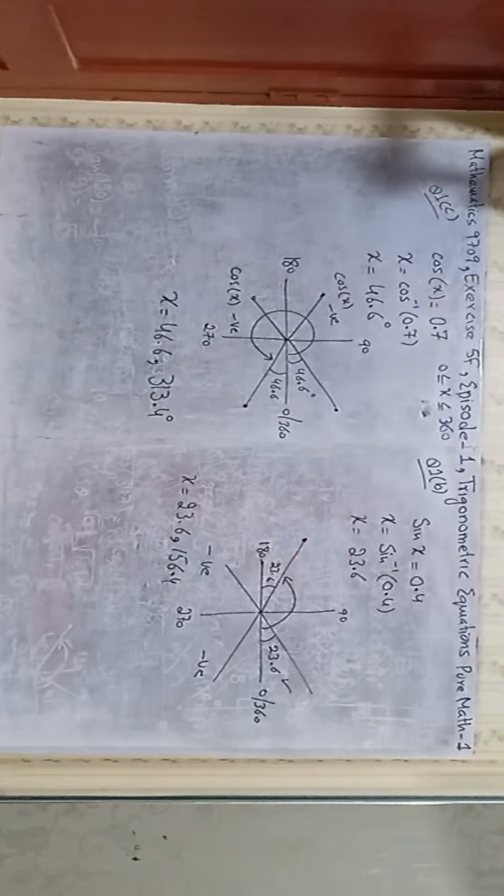Okay, let me check the answer from the book. The C part is 45.6. I wrote here 46. I think we made a mistake. Cos inverse of shift cos 0.7 equals, sorry, this is 45.6.